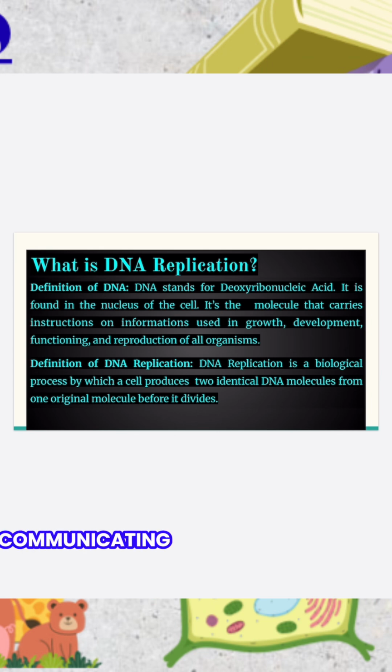Let's say you and I are communicating with a secret code, and we don't want anybody to know. And in this secret code, if I say A, it actually represents T, and if I say C, it actually represents G. Now, if by any chance one of us decides to break the code, the message definitely will get messed up, and we won't even understand ourselves anymore, because we already agreed that A always means T and C always means G. But if you say B represents T, or Y represents C, it will be so messed up that even you and I won't be able to communicate effectively the way we used to communicate again.